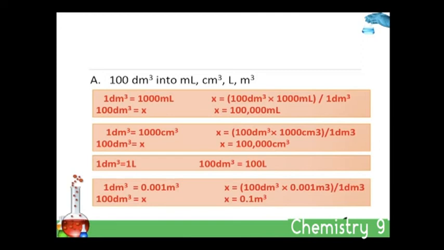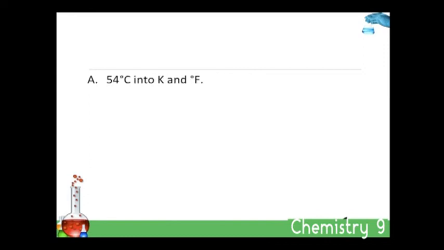All in all, 100 cubic decimeters is equivalent to 100,000 milliliters, 100,000 cubic centimeters, 100 liters, 0.1 cubic meters. 54 Celsius into Kelvin and Fahrenheit.